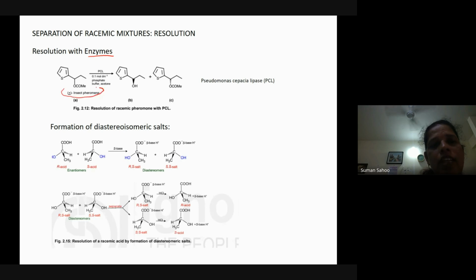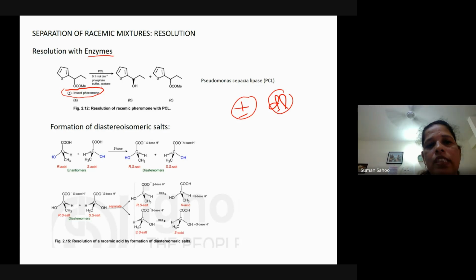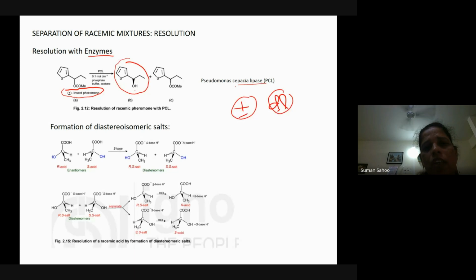Whenever we write a racemic mixture, we either write plus-minus or DL, which means we have both enantiomers. So this plus-minus insect pheromone, when treated with Pseudomonas cepacia lipase, an enzyme, reacts with only this enantiomer, converting the ester to alcohol, while the other enantiomer remains unreacted.